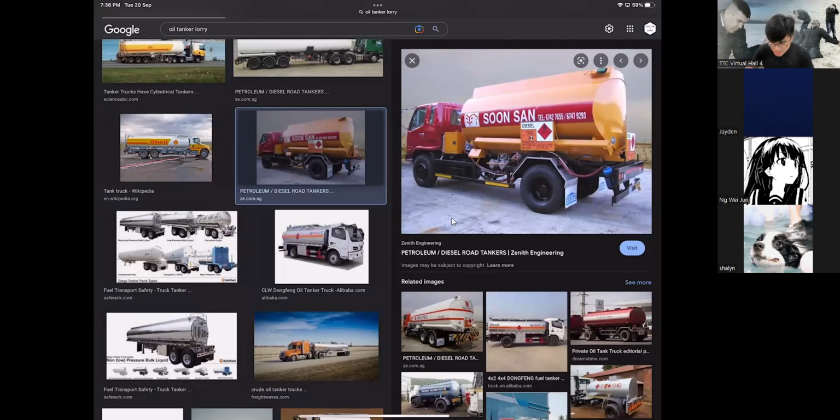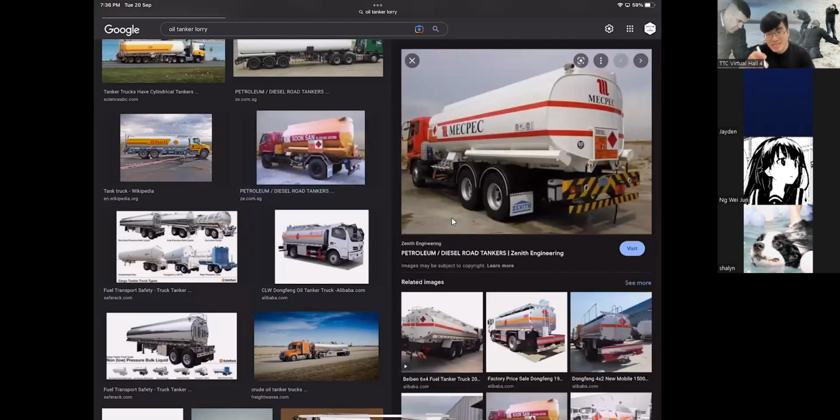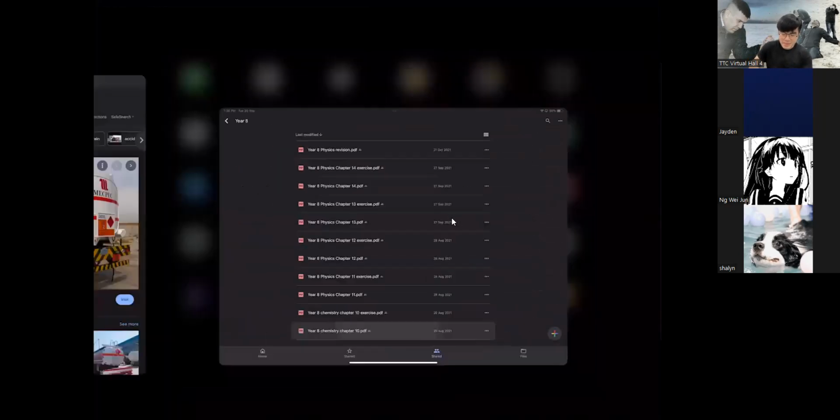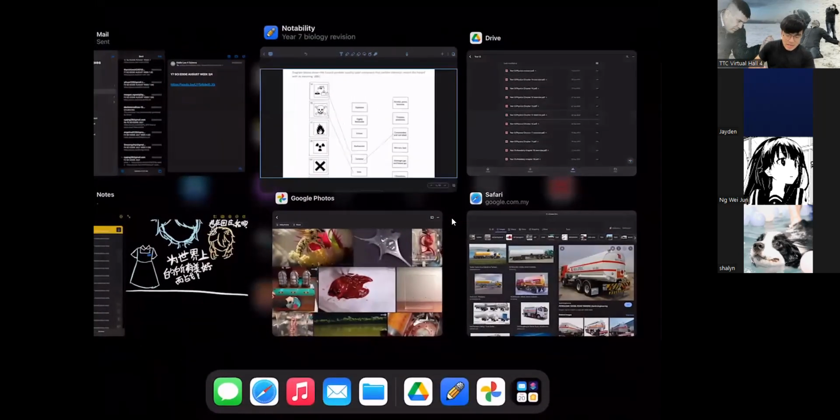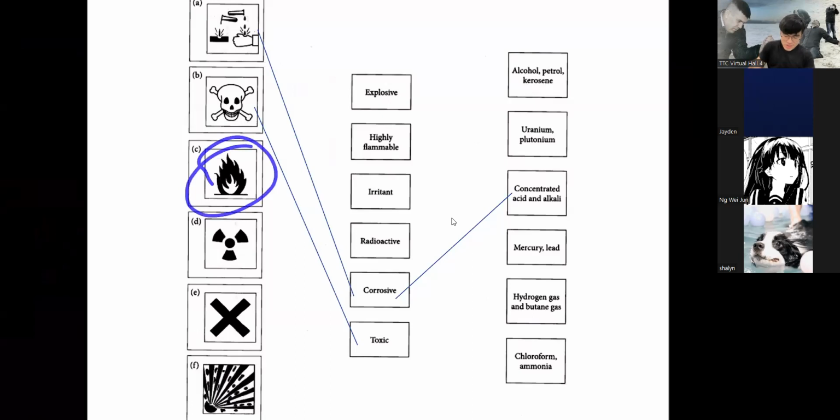So usually you will see a symbol behind that. Since this is for petrol, you will see a fire symbol, which means flammable, because petrol will catch fire easily. But if you see that corrosive there, that means inside there is acid.